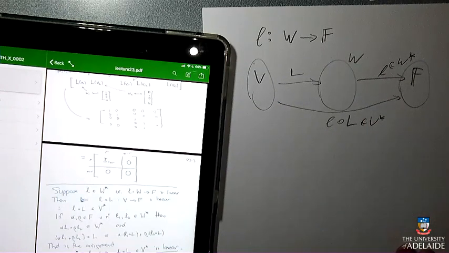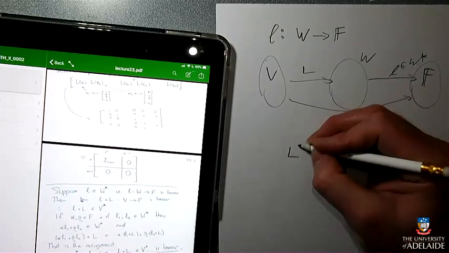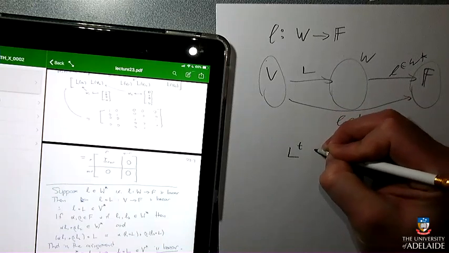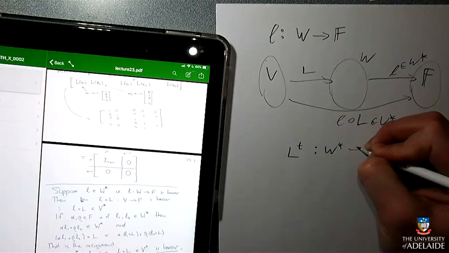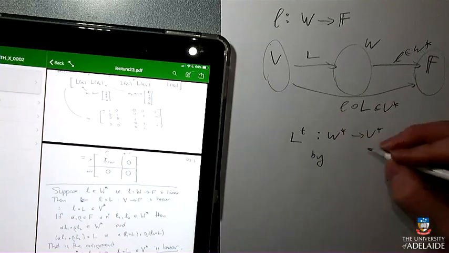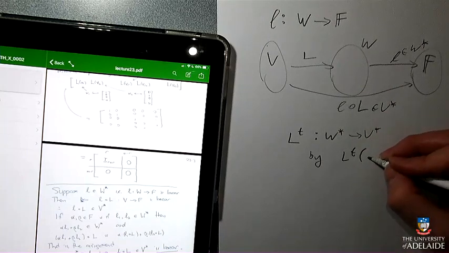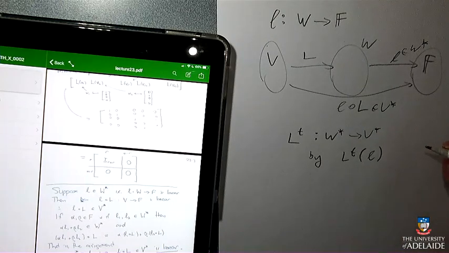So now there is a function, I'm not sure there, but I'm pretty sure we're doing that: L transpose sends W star to V star by L transpose of l, which is in W star, is that. I think that's what L transpose is. Could be wrong, but that seems reasonable. It's a perfectly good function that goes from W star to V star, and it's based on what L is.